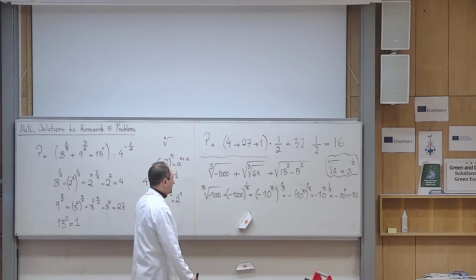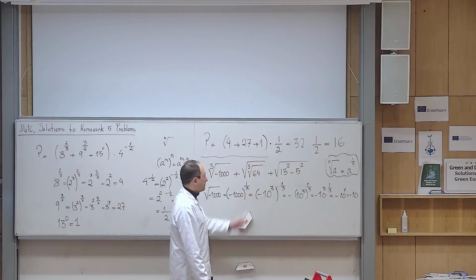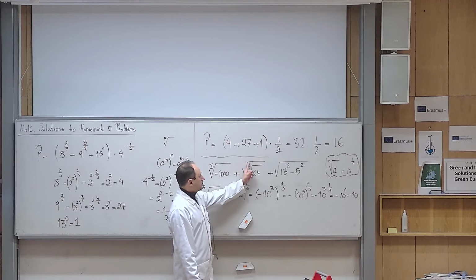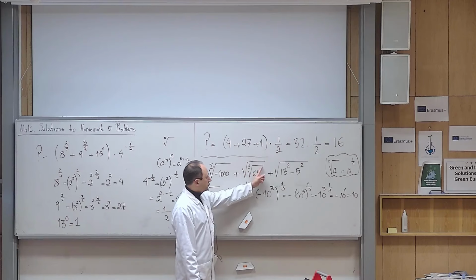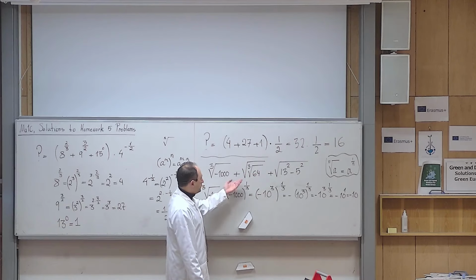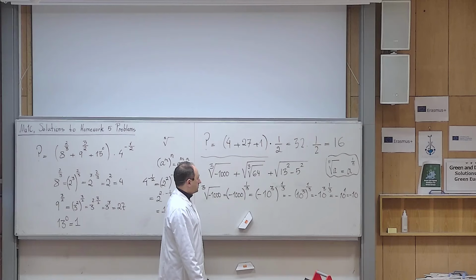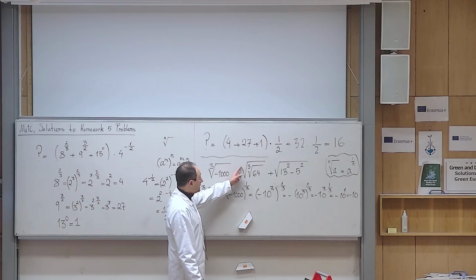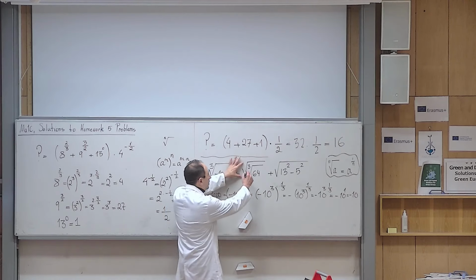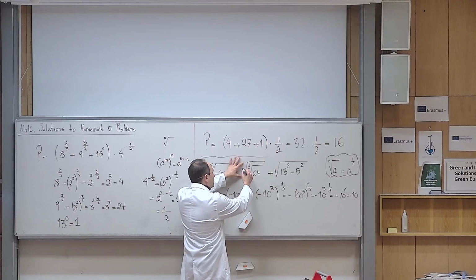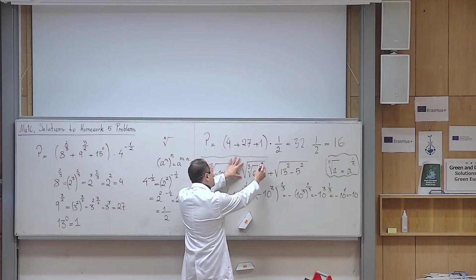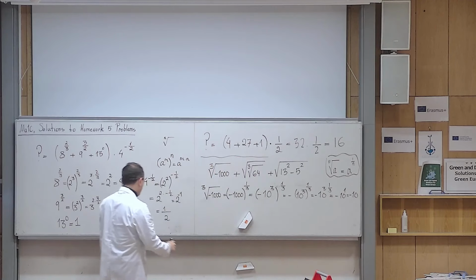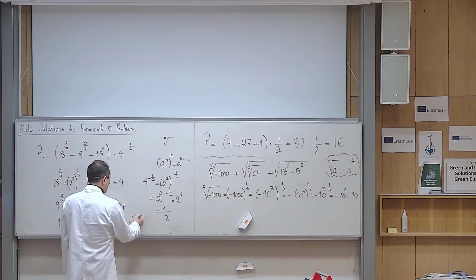For example, let us do this again in 2 different ways. If you want to calculate the second root of the third root of 64, which one should I do first? The second root or the third root? The second root is acting on this, so in order to be able to do the second root, first I need to know what this number is. Again, if you have a good memory about numbers, this is not hard.